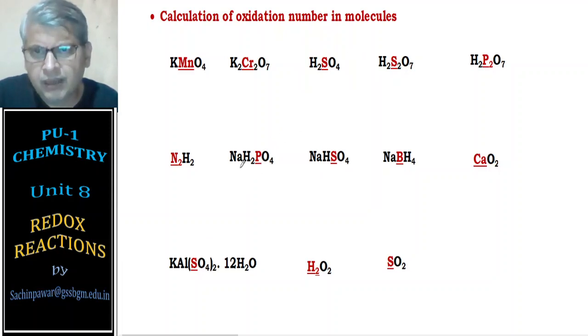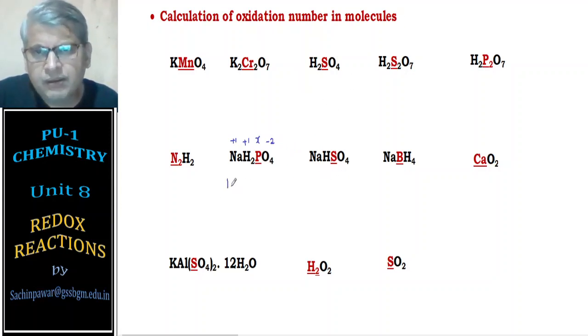Here, NaH2PO4. Suppose the oxidation number of phosphorus needs to be determined. You need to know that sodium, an alkali metal, has oxidation number +1, hydrogen is +1, oxygen is -2, and phosphorus is X. This is a molecule, therefore the sum of the oxidation numbers is 0.